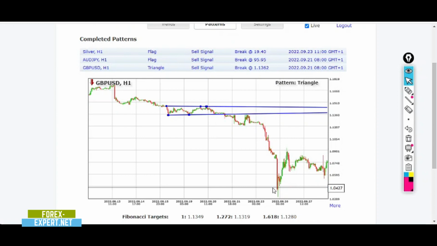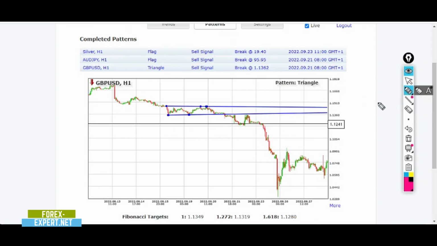I don't trade these upper time frames, but I guess the traders who took a short position, even with a trailing stop, made a crazy amount of money here. This is profit land. Even if you wanted to wait for the retest, depending on your strategy, you're going to make a massive amount of money.